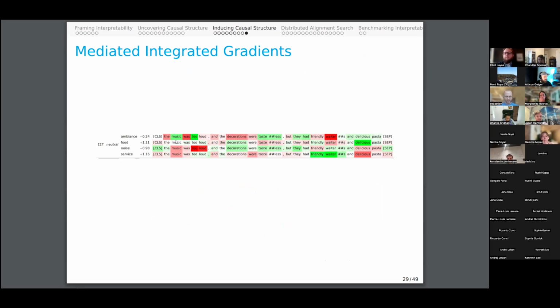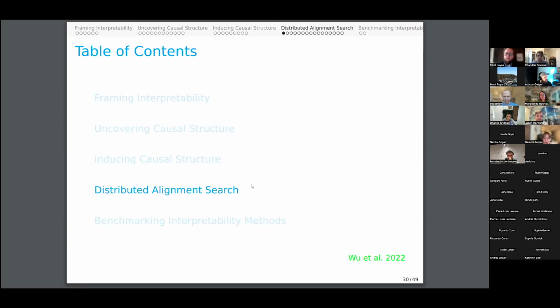So you can take the review and say, if you do integrated gradients, what was the most important thing for getting the star rating, but only relative to food, so mediating through where we localize the food concept, you can see this row highlights delicious pasta, but it doesn't highlight friendly waiter or the other aspects as much. And that's just a cute application of what happens there. But really I'll move on because I think the most exciting part is next.